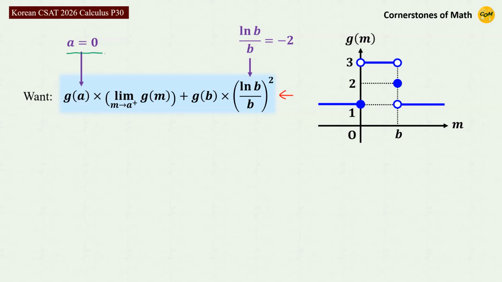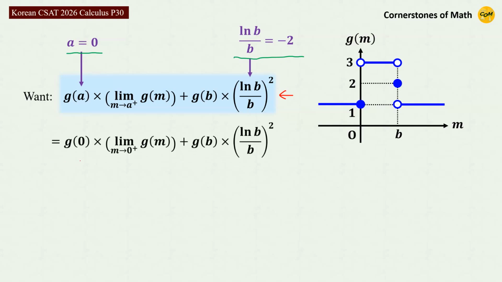Here a equals 0, and we just obtained this. So first, if we substitute a with 0, we have g of 0 times the limit of g of m as m approaches 0 from the right, plus g of b times (ln b over b) squared. Here, g of 0 is this value, hence it is 1.